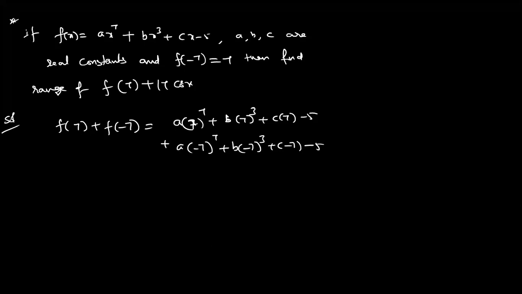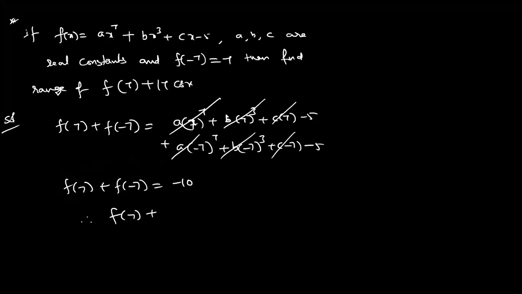What is the value of f of minus 7? 7 is given. First add them out. How much is coming? Both are cancelled. So f of 7 plus f of minus 7 is how much? Minus 10.